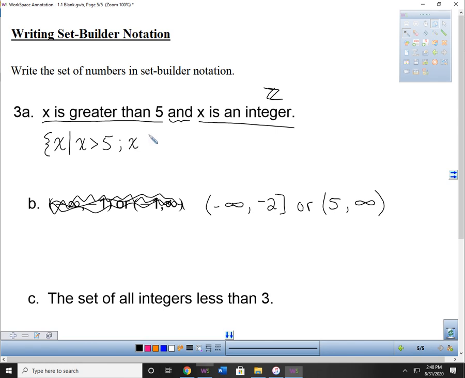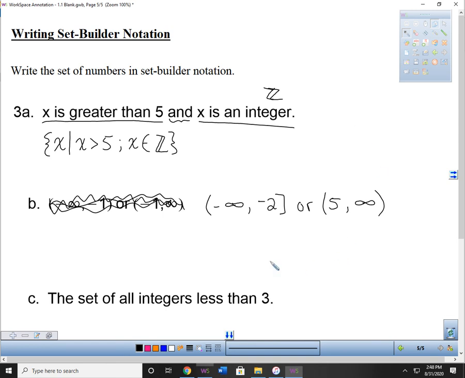It's like a curved E. So you draw a C and then make it into an E. This means exists in. So this is like saying x is an integer. So x exists in, and then you put the symbol for integer. And then you close it up. So you've made both of your statements inside set builder notation.